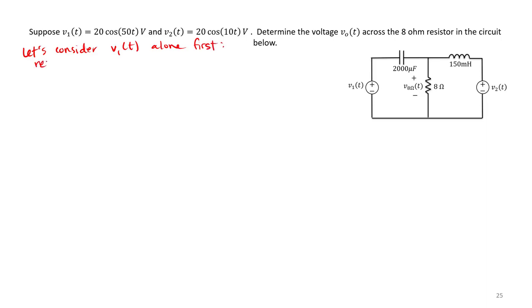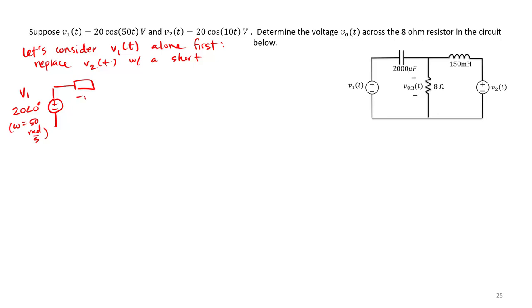So notice we replace V2 of t with a short to turn it off, and we end up with this. So we've got our V1 source.